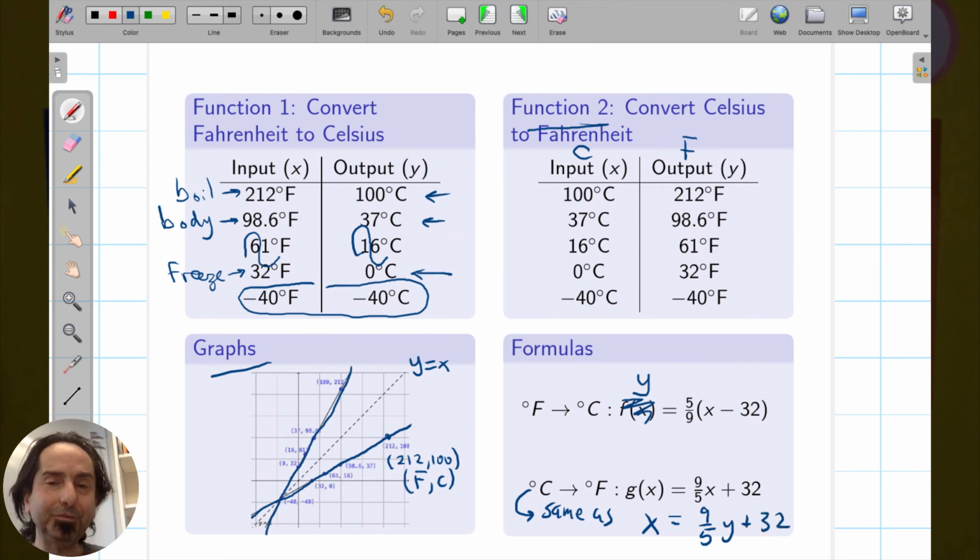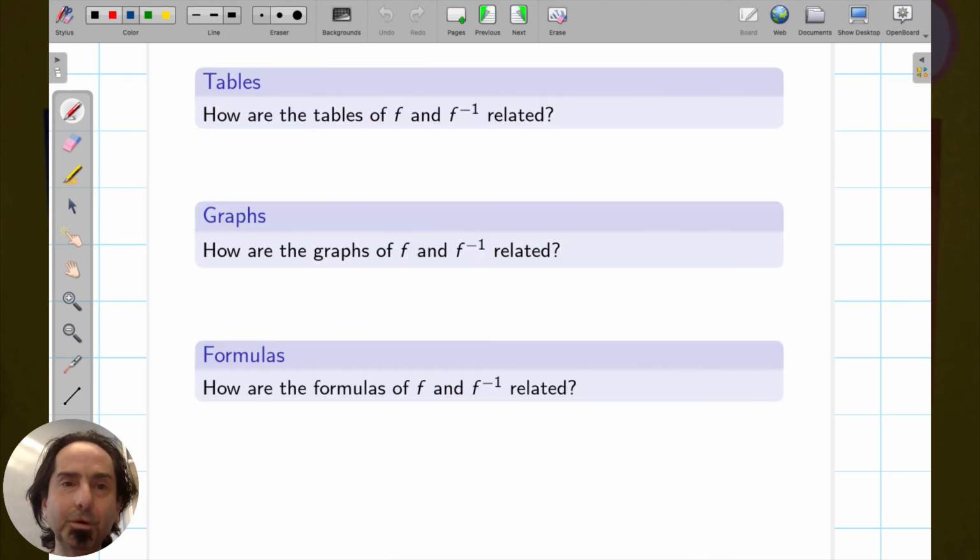So they're actually the same formula, but with the input and output, x and y, switched, and then for the second function you solve for y. That's something to remember.